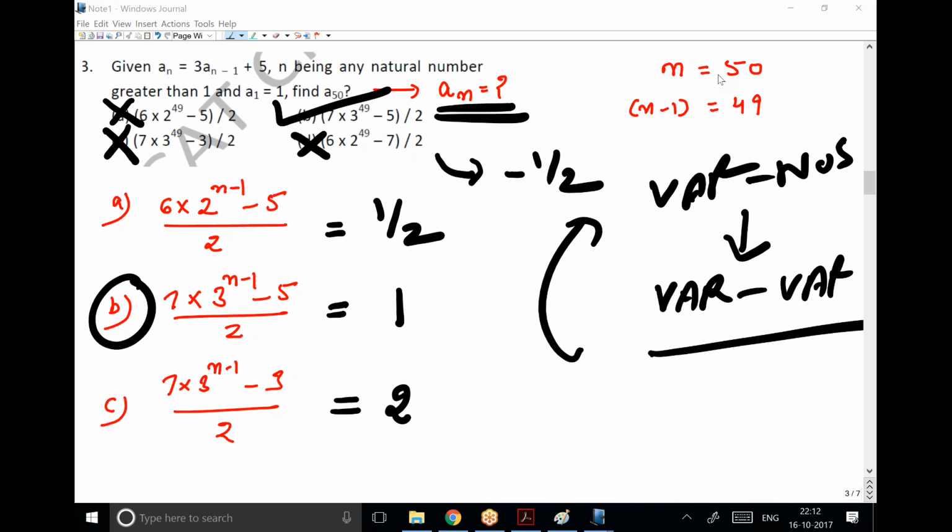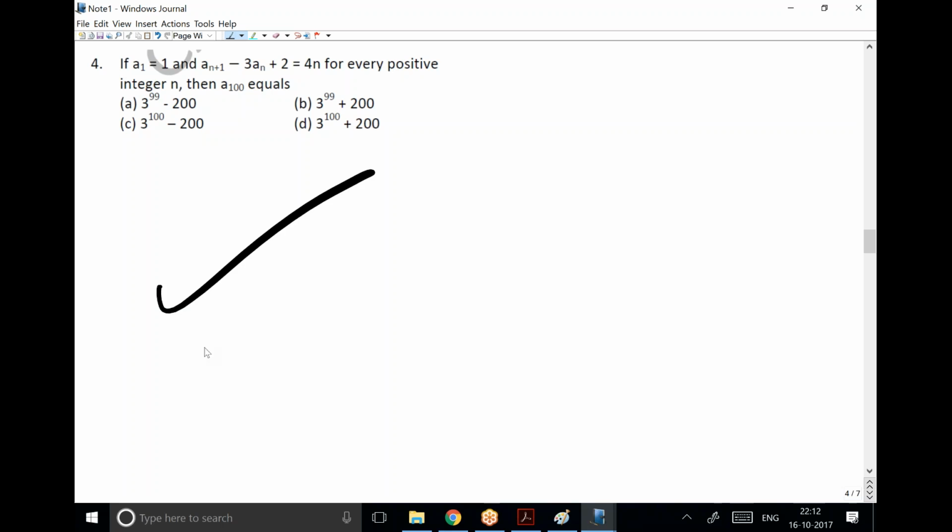So let's try out 2-3 more questions to have better understanding over this particular concept. So let's try out question number 4.